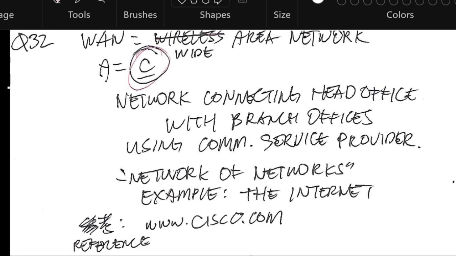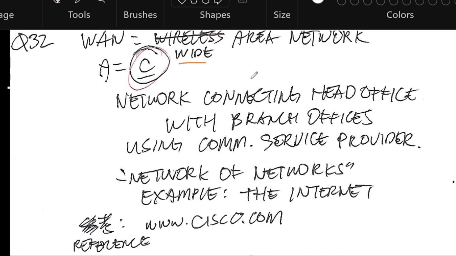Okay, so wireless area network should be really wide area network, because I think if you're going for wireless local area network, that's WLAN. But in this case, it's only WAN. That's why it's supposed to be really wide.